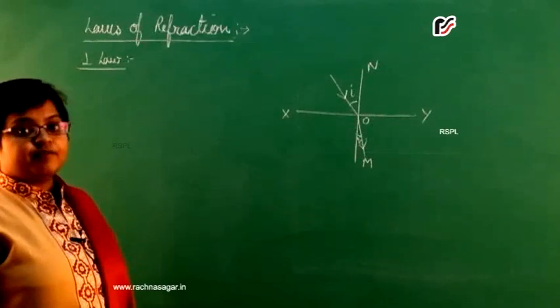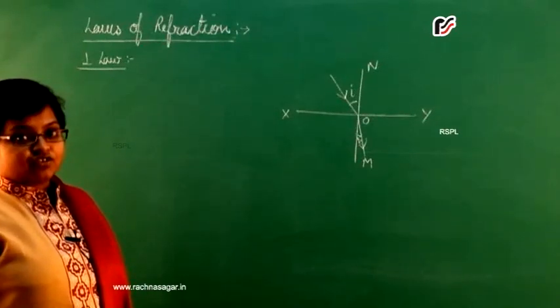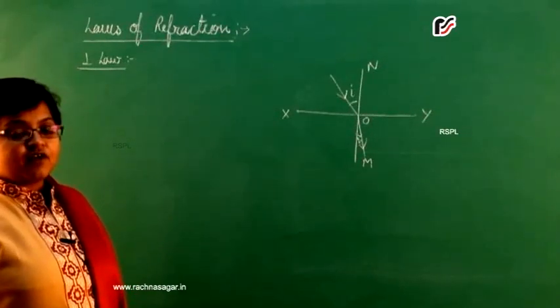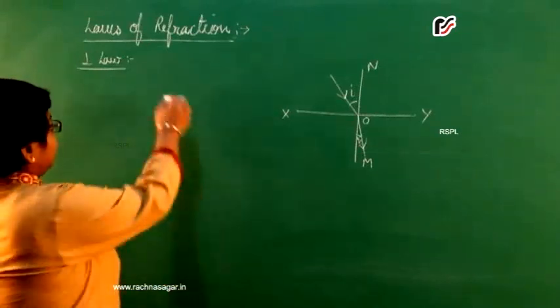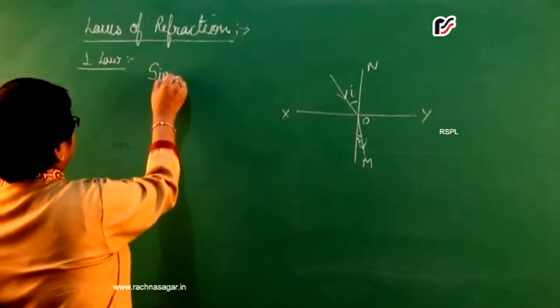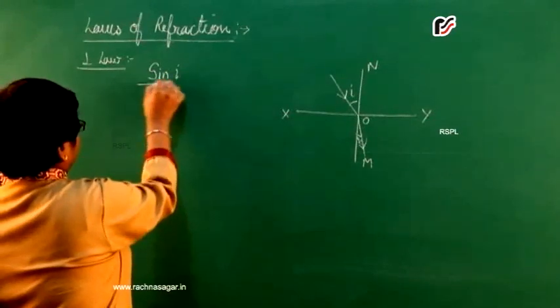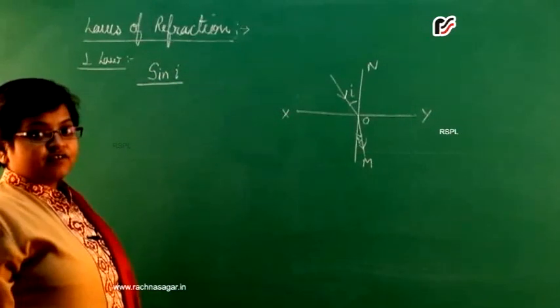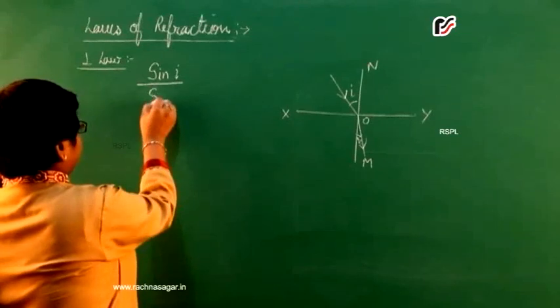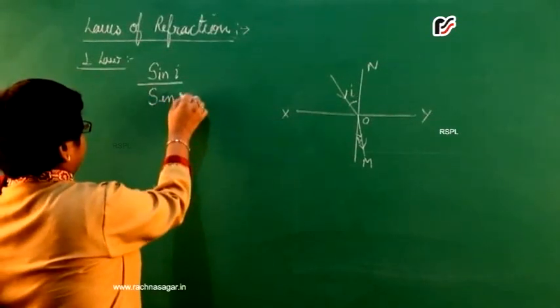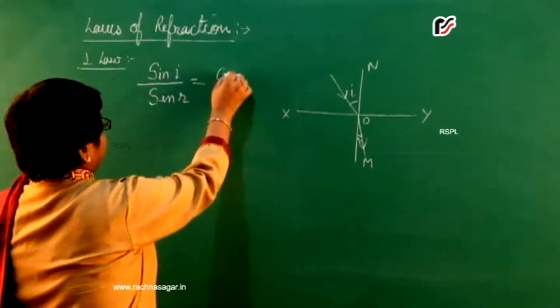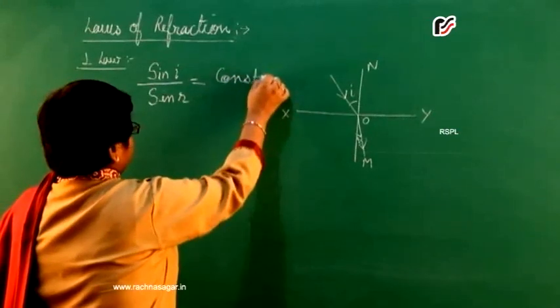For the two pair of mediums, the ratio of sine of angle of incidence to the sine of angle of refraction is always constant.